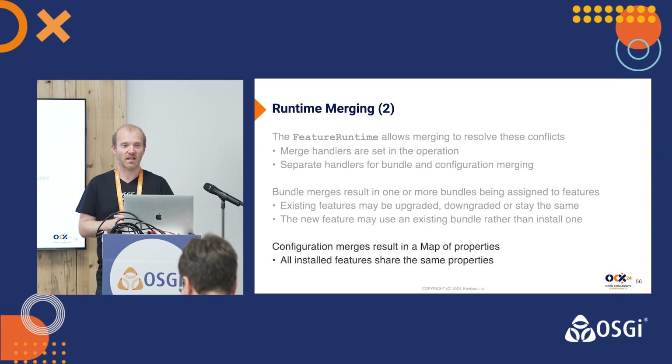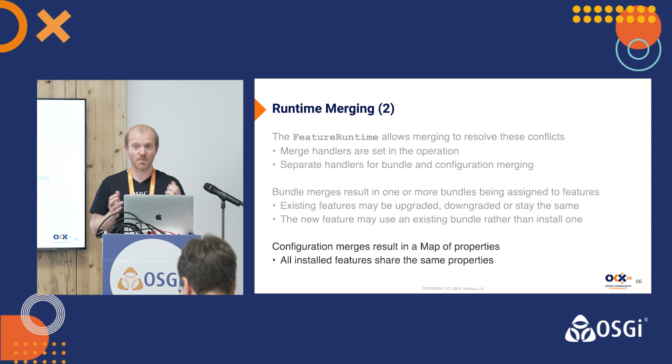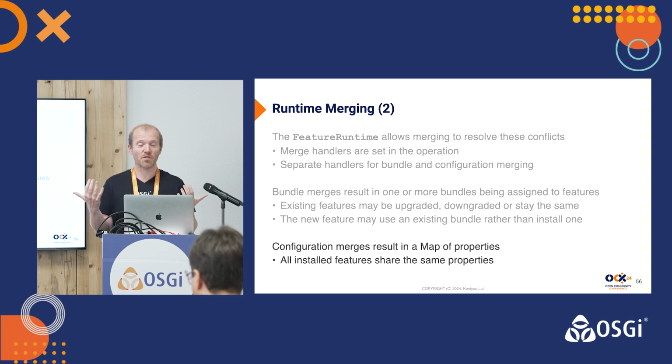Configurations are slightly different because the clashes there are determined by PID. And if it's a factory configuration, it's the PID and the name together, both of which are defined. And if you've got two features that are trying to deploy the same configuration, the default behavior of the runtime is that the latest configuration wins in its entirety.